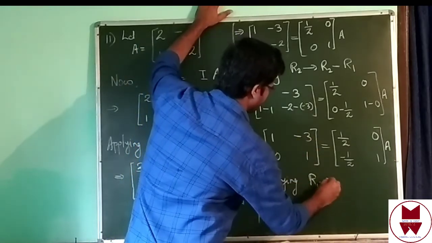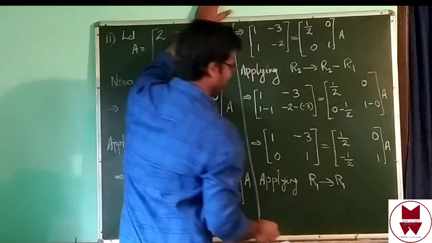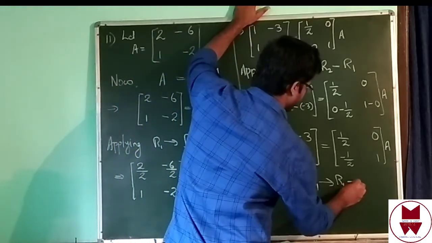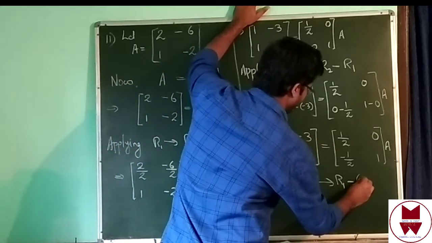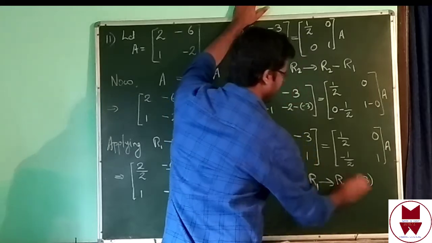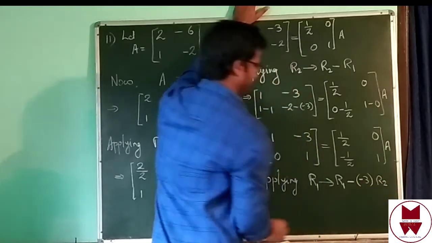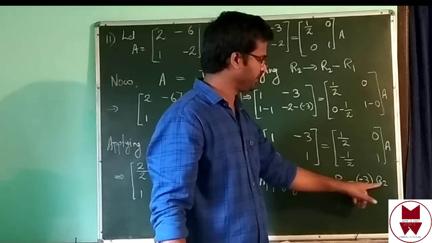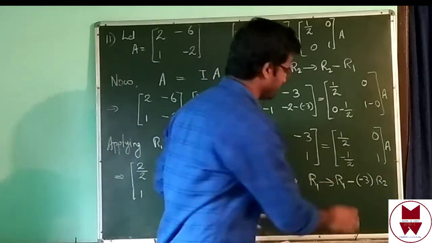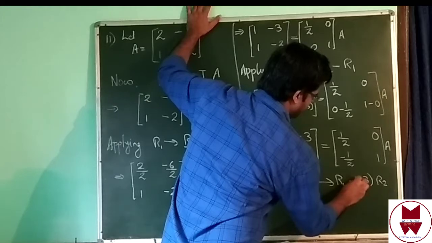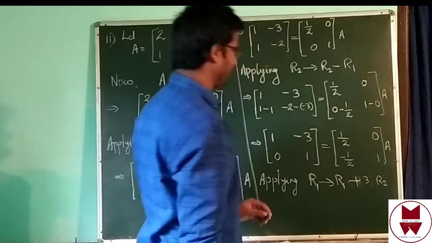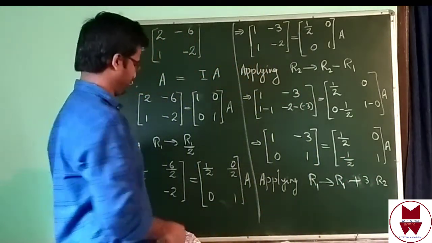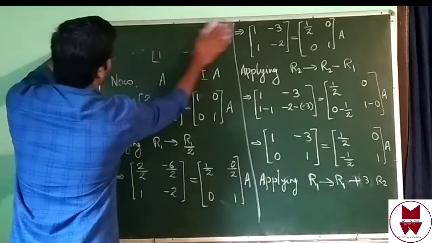This is R1. R1 we can change. R1 minus that same number, minus 3 into R2. This step. R1 minus, write the same number, that is minus 3. Then R2. Then minus minus we can write plus. Directly we can write plus. R1 plus 3 R2. That is our step.